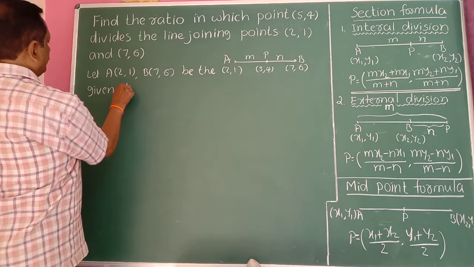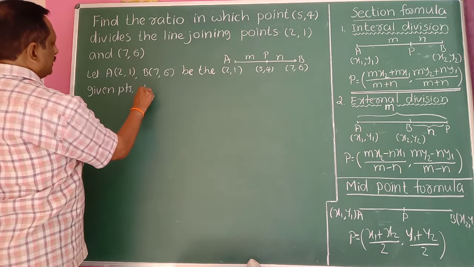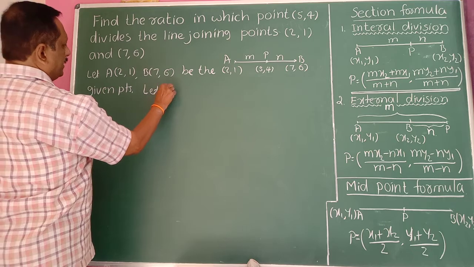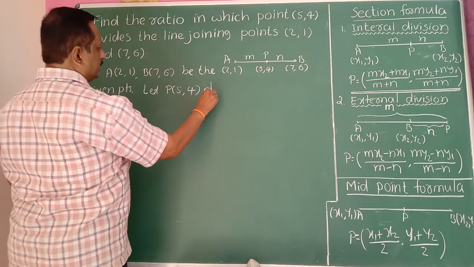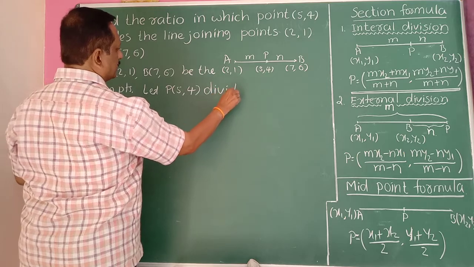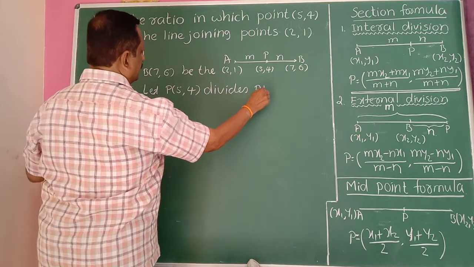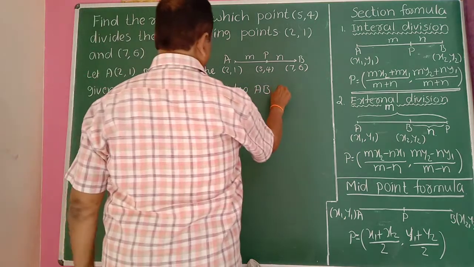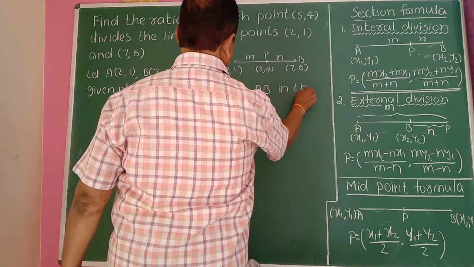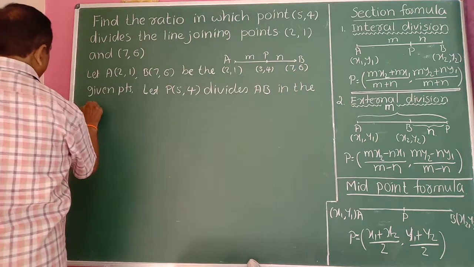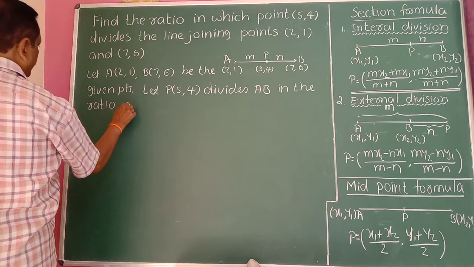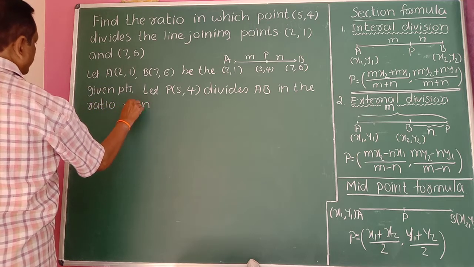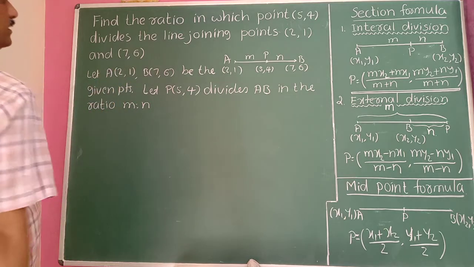So let P(5, 4) divide AB in the ratio m is to n.